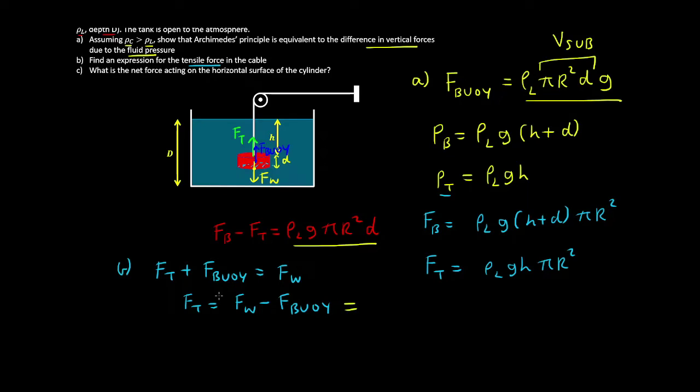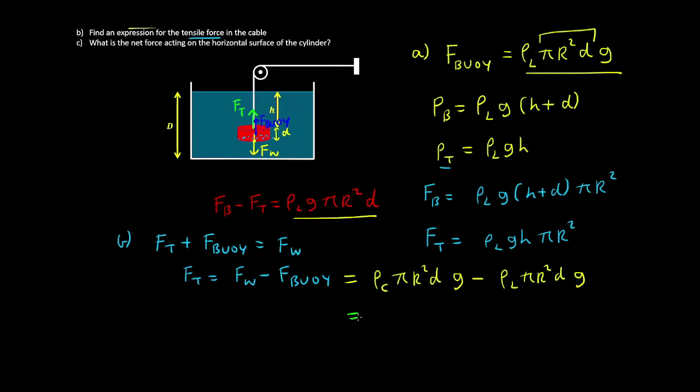So the force of weight is simply the density of the cylinder by the volume, which is pi r squared by the depth, multiplied by gravity. Okay, so this is the mass times gravity. And then minus the buoyant force, which is the density of the liquid, by pi r squared d by g, as we calculated earlier.